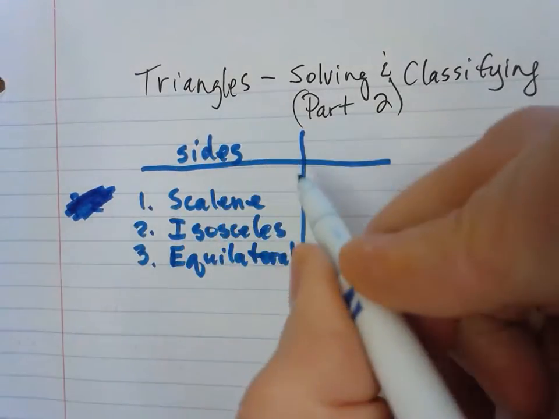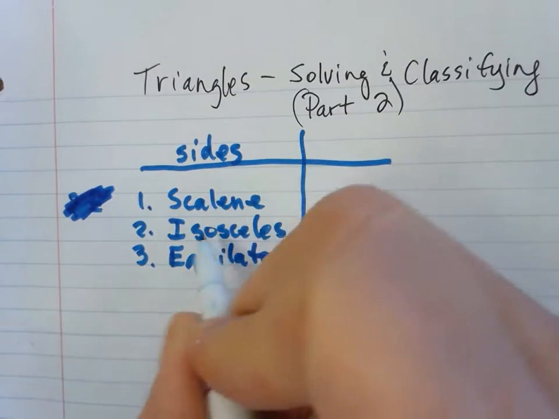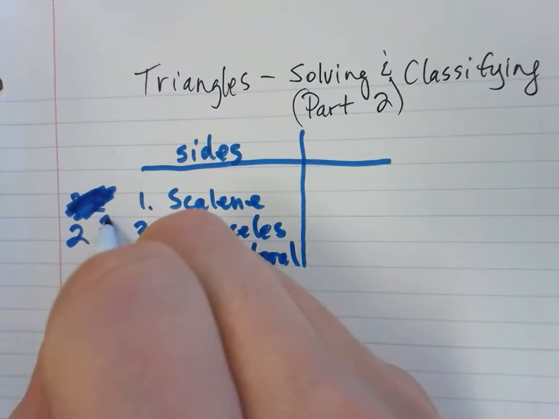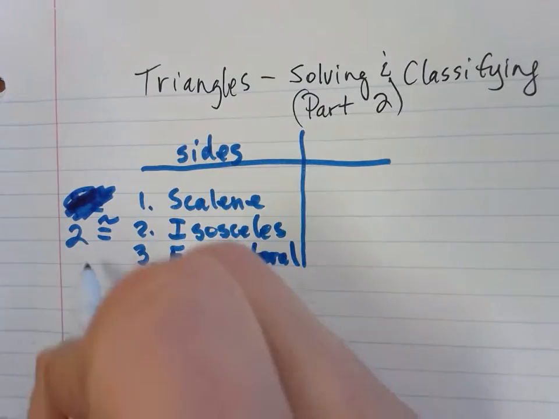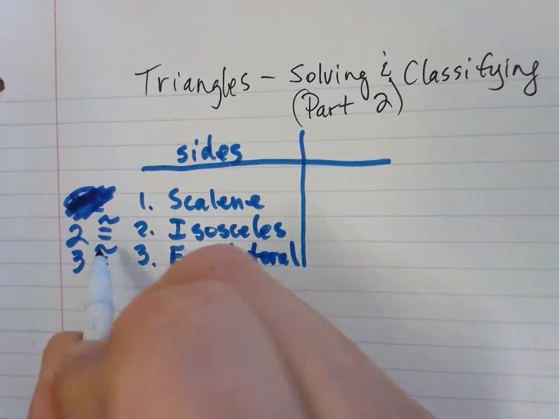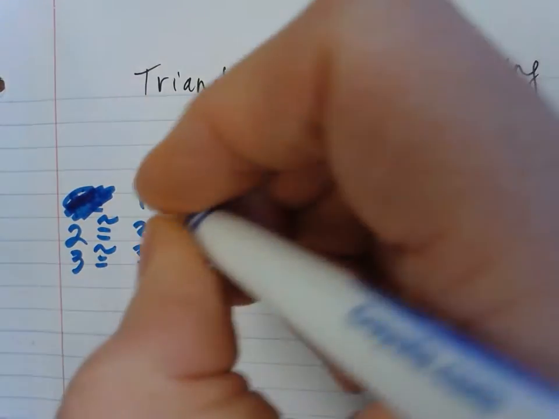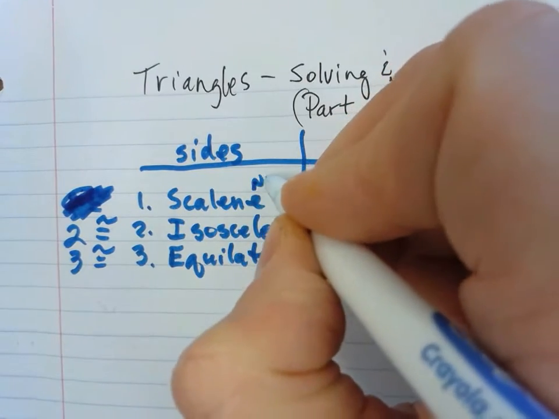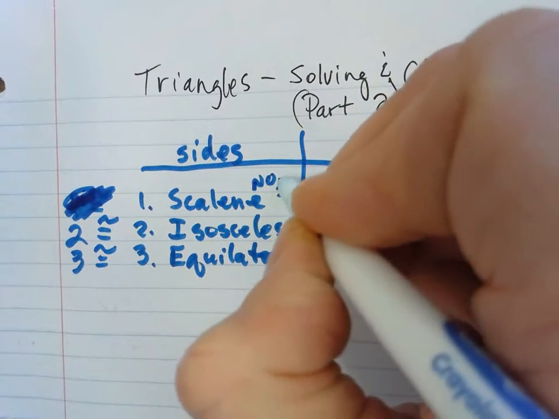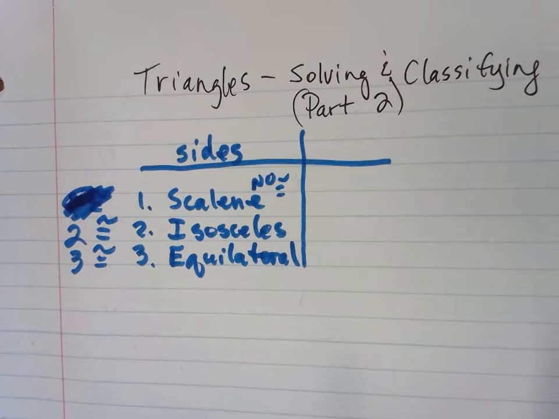Scalene's no congruent. That's all different. Isosceles is two congruent. Equilateral's all three congruent. So scalene is no congruent sides. They're all different. Alright, none congruent, two congruent, three congruent.